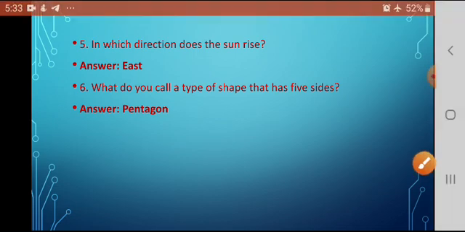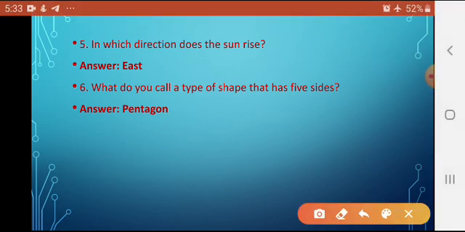For example, have you seen a 5-sided shape like this? This is a pentagon which has 5 sides, 1, 2, 3, 4 and 5. There are 5 sides, so it is a pentagon.